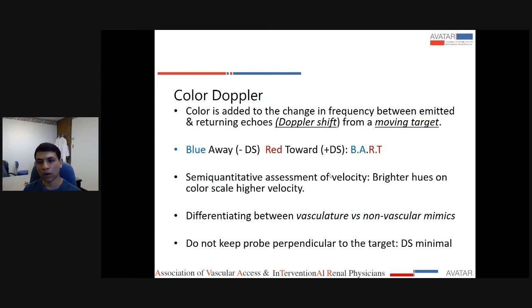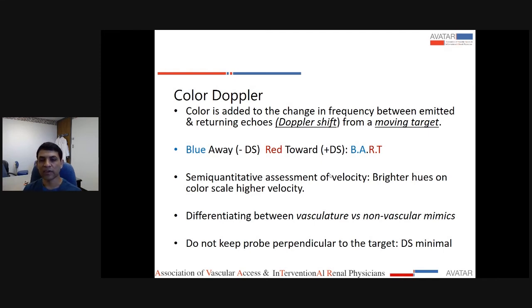When the target is moving towards the probe, there is a positive Doppler shift, and the machine gives it a red color. On the other hand, if the target is moving away from the ultrasound probe, it generates a negative Doppler shift, and the machine gives it a blue color. So the mnemonic is BART: blue away from the probe, red towards the probe.